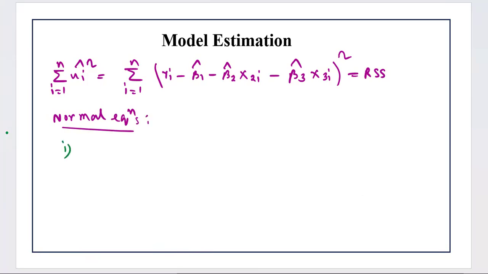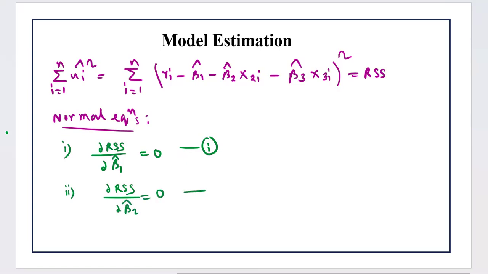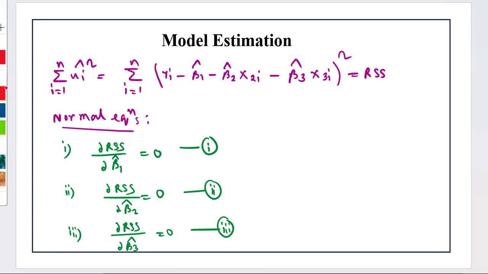The first normal equation will be del RSS del beta 1 cap equals 0. The second normal equation will be del RSS del beta 2 cap equals 0. And the third normal equation will be del RSS del beta 3 cap equals 0, right? I hope this much is clear. This is absolutely the same as what we have done in the classical linear regression model as well.